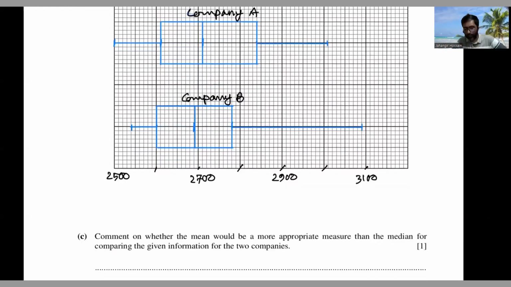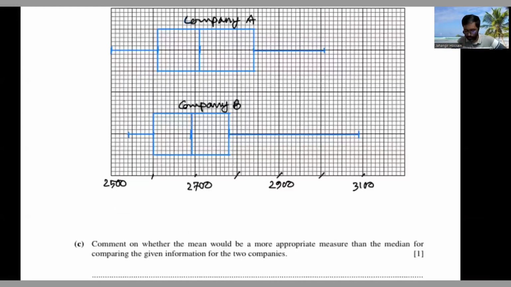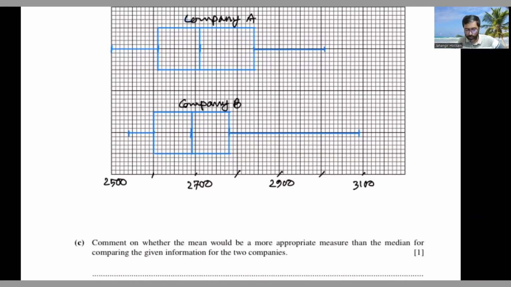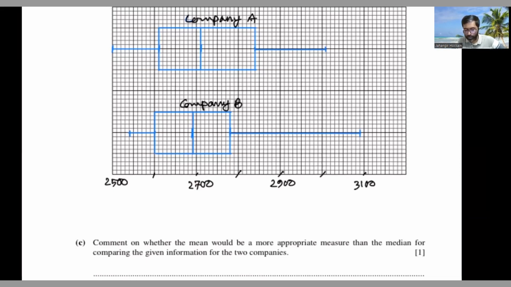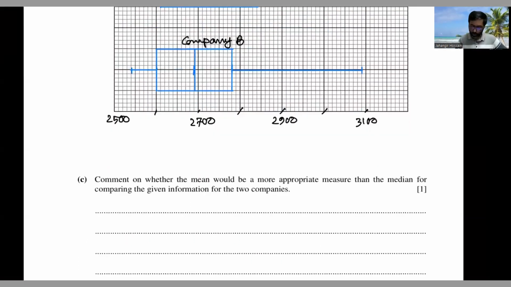So mean is not an appropriate measure to compare the salary information of the two companies. Rather, it will be median, because median will be least affected by the extreme value, by the skewness of the distribution. So median is more appropriate.